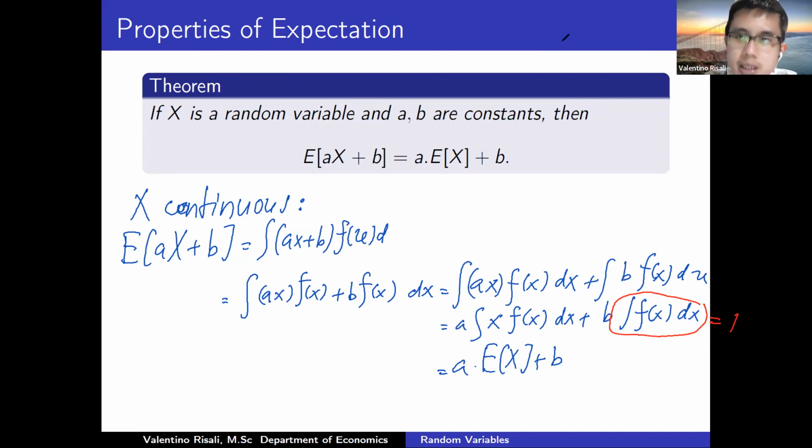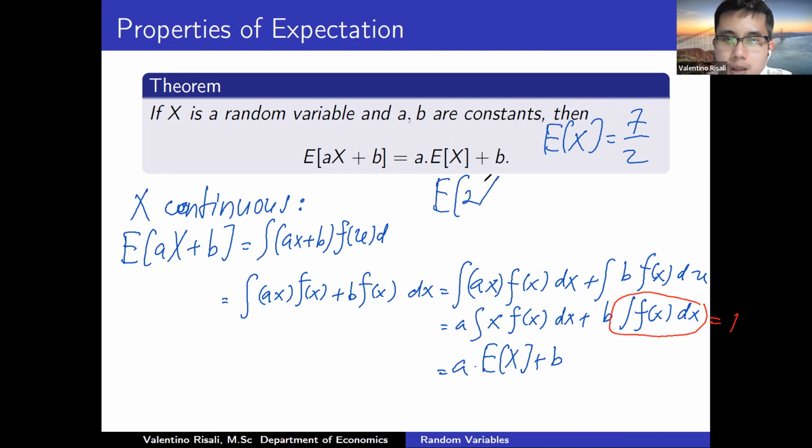We can use this expectation to find another expectation, given that we know the value of E[x]. If we know E[x] is equal to this value, and we are asked to compute the expectation of a new random variable, for example 2x plus 1, you can use this theorem. Just compute 2 times the expectation of x plus 1.